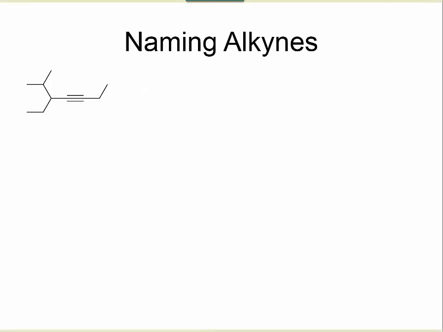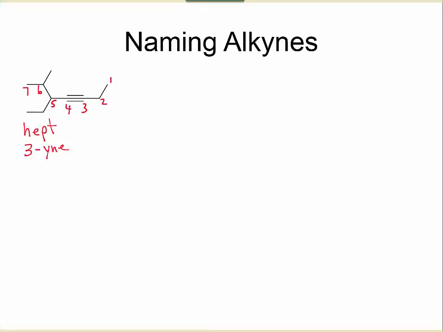So let's take a look at this example. If you recall from one of the earlier videos, we said that we choose the longest continuous carbon chain in which there are more branches. So that's this one. As I look at the name, I know that the root is going to be a hept. So I'm just writing out parts of the name. I know that the alkyne is going to be on carbon 3, so 3-ine as part of the name.